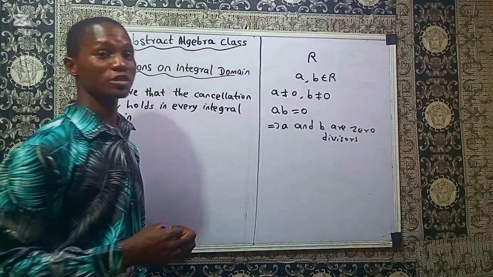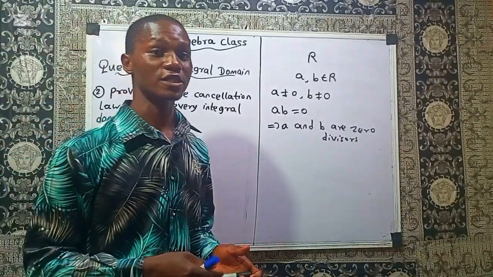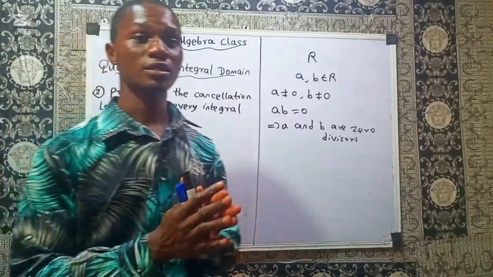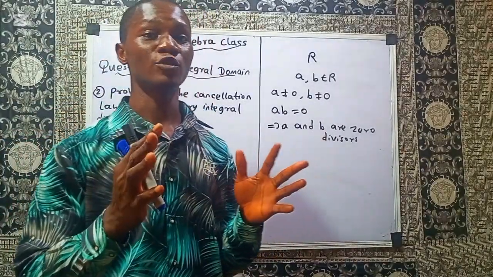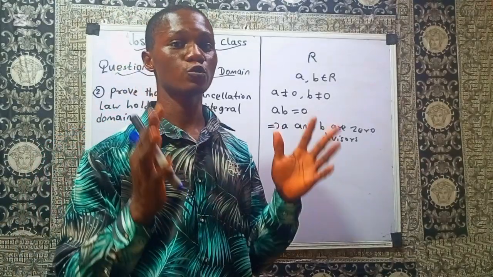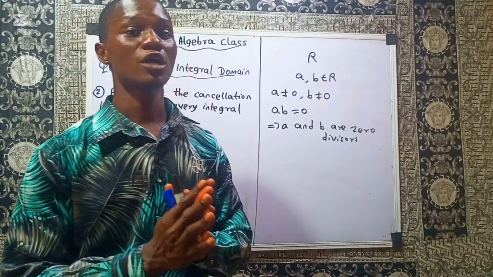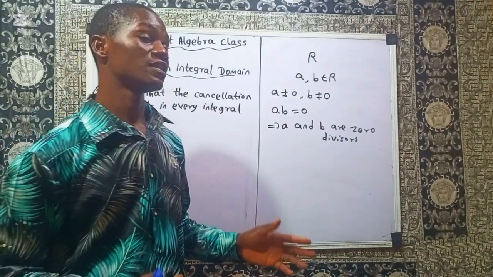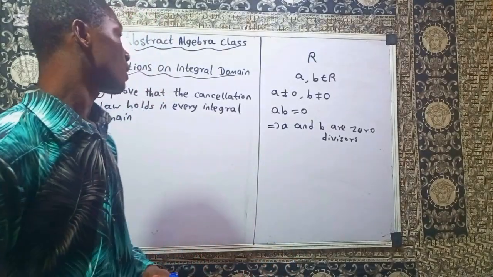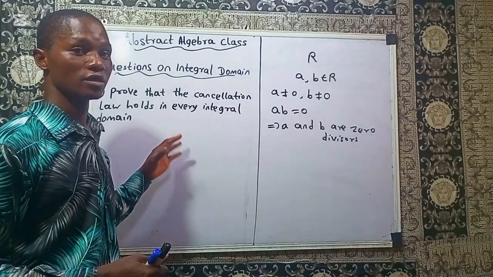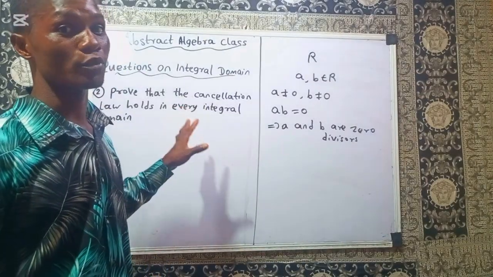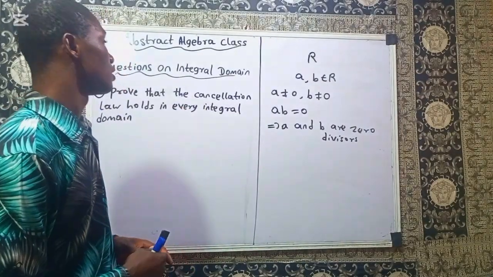So we actually saw the definition of zero divisors. Zero divisors in a ring are two non-zero elements of the ring which, if you multiply them, you get 0. We know that is not possible in an integral domain.